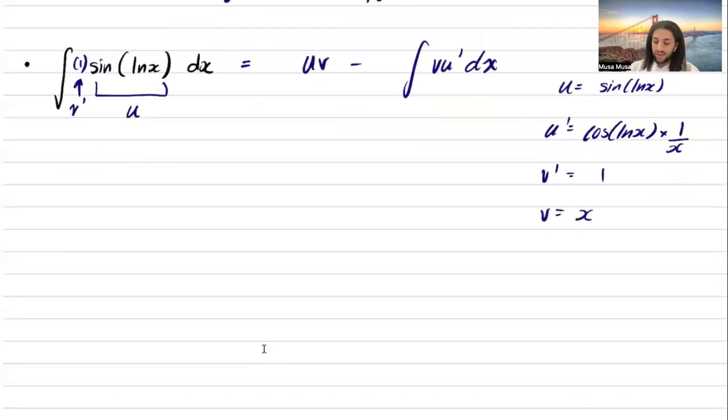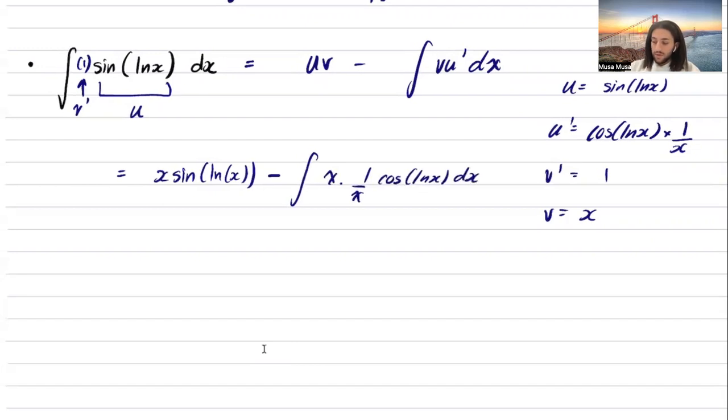I think you can see this works out quite well, because then you get x sine ln of x minus the integral of v u dash, that's x times the 1 on x cos of ln x. These things sort of cancel off. Okay.